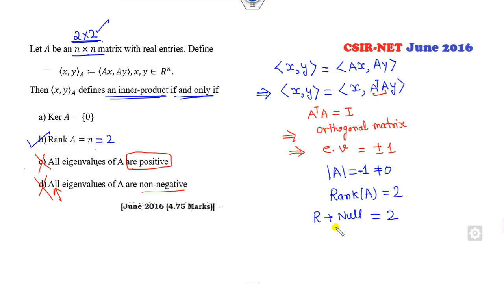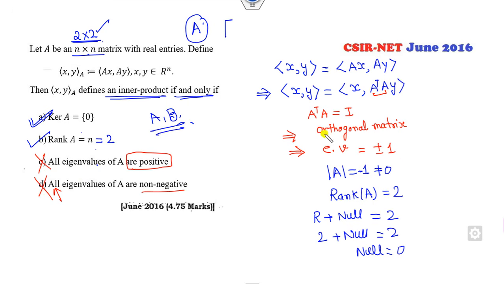Rank is 2, so nullity is 0, so the kernel is trivial. So A and B are the right answers. Always remember, student, whenever you have a matrix A, always start thinking with the eigenvalues. You always get your answer in a very quick manner.